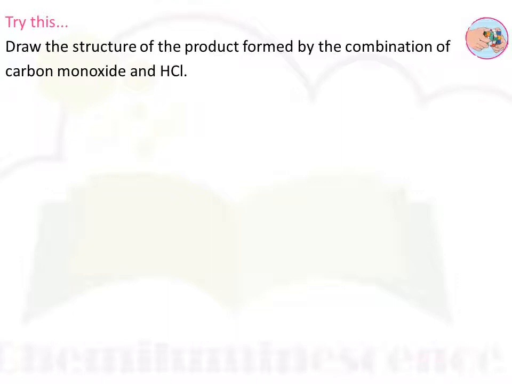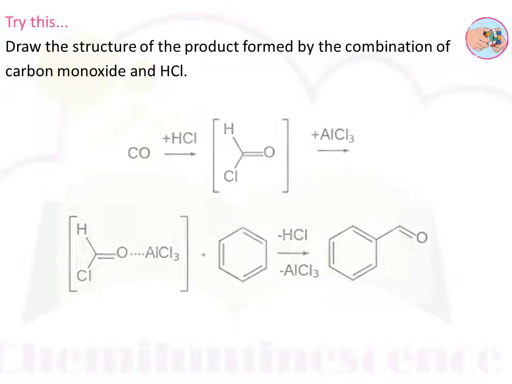So first carbon monoxide gets combined with HCl and forms formyl chloride as a product, which gets combined with anhydrous aluminum chloride and forms this complex, which on reaction with benzene or substituted benzene gives benzaldehyde or a substituted benzaldehyde as a product.